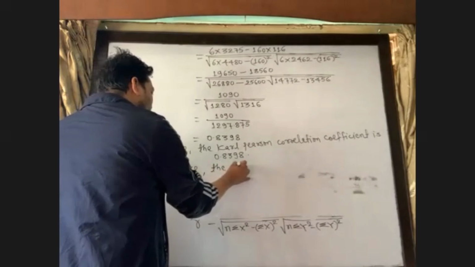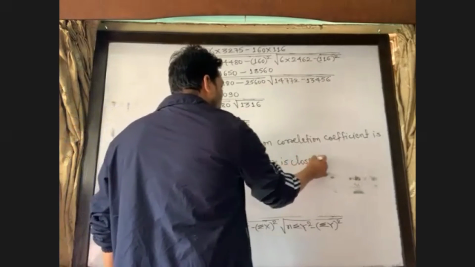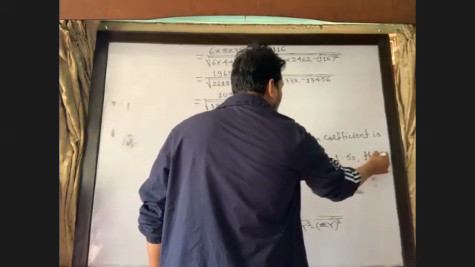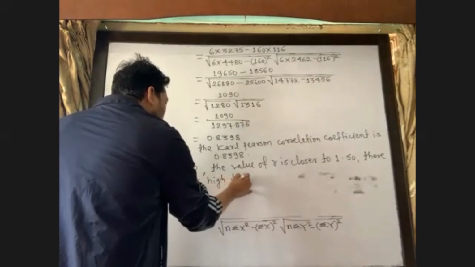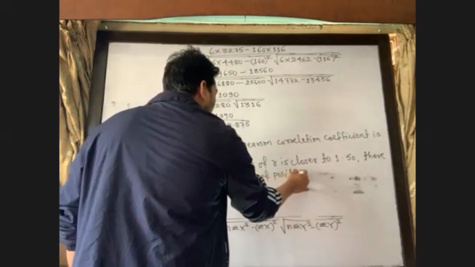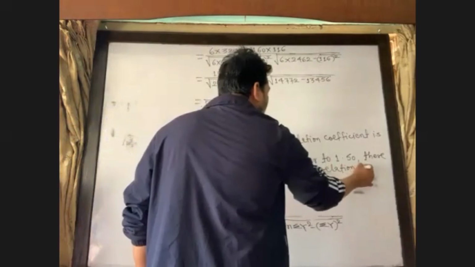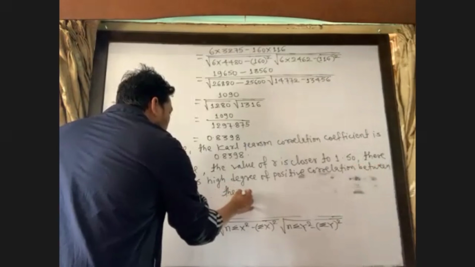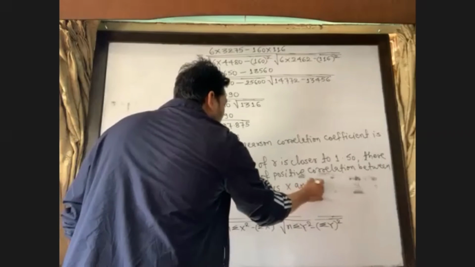Since the value of r is closer to 1, there is a high degree of positive correlation between the variables x and y.